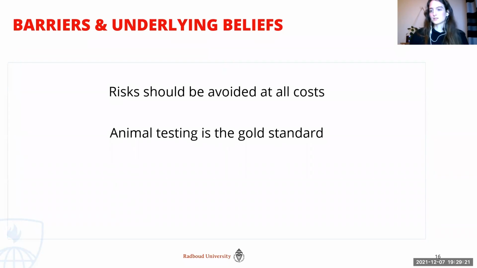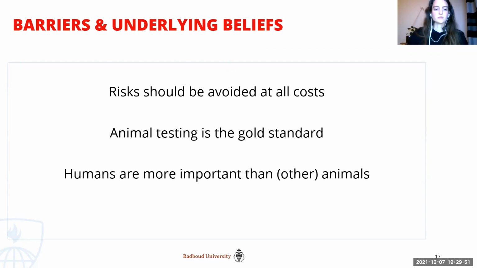Risk aversion in itself is not necessarily always a barrier to moving away from animal testing, but it is when it is combined with the idea that animal testing is the gold standard and that not doing a certain animal test anymore will entail more risk than when you do it, instead of thinking that the risks are different, but not necessarily more, when you change the way you do research.